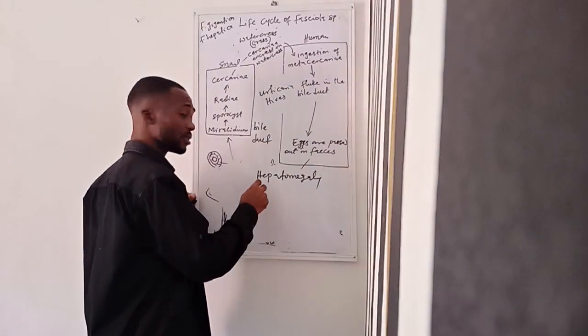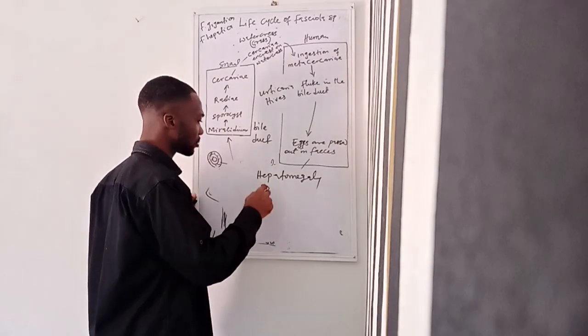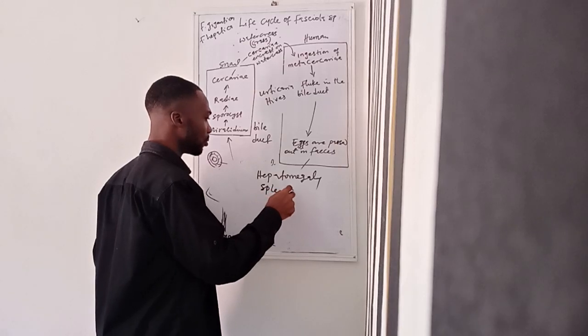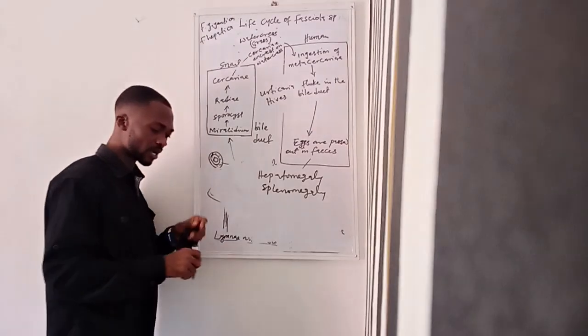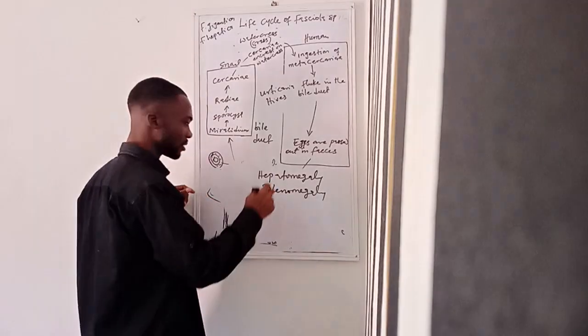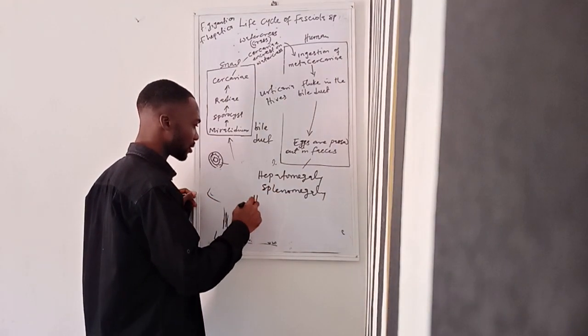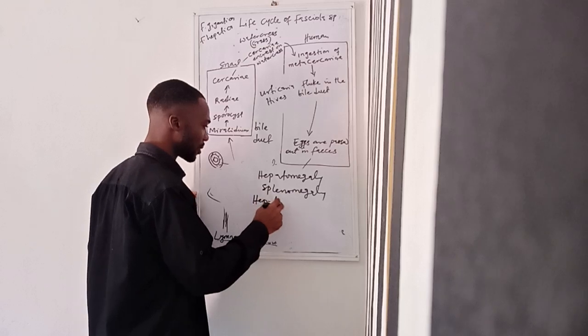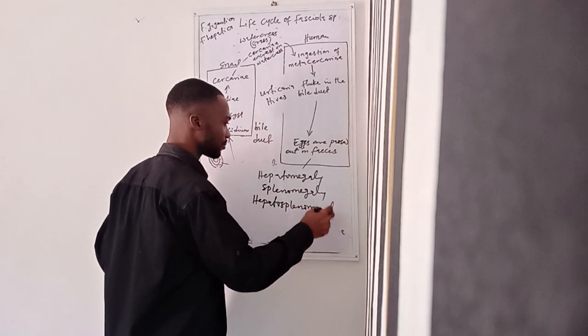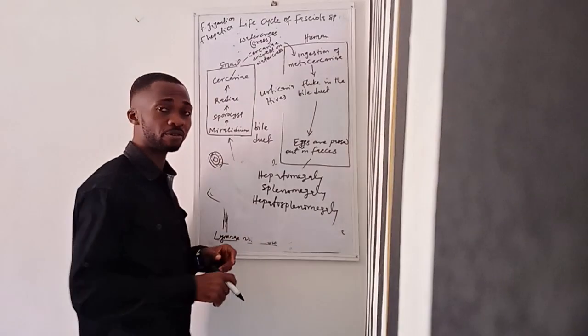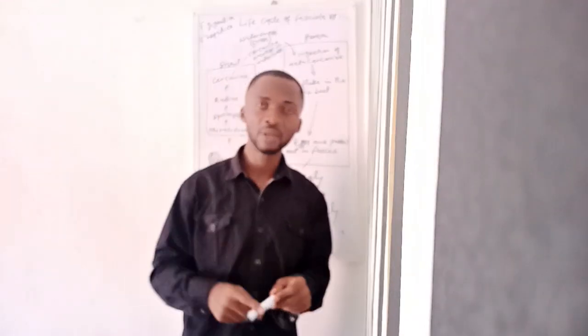The enlargement of the spleen is called splenomegaly. But sometimes we can use one word to combine these two: hepatosplenomegaly. This is to show the enlargement of the liver and the spleen at the same time.